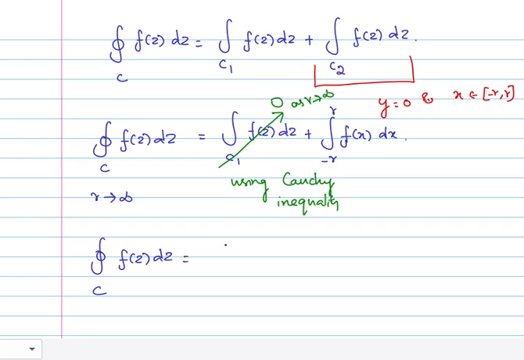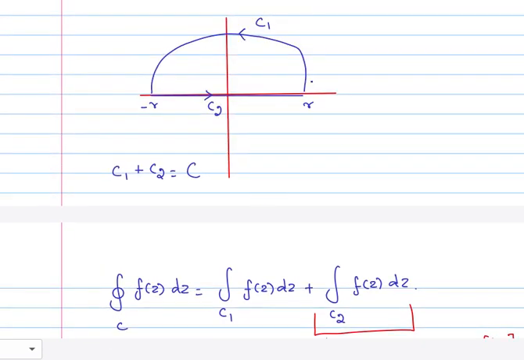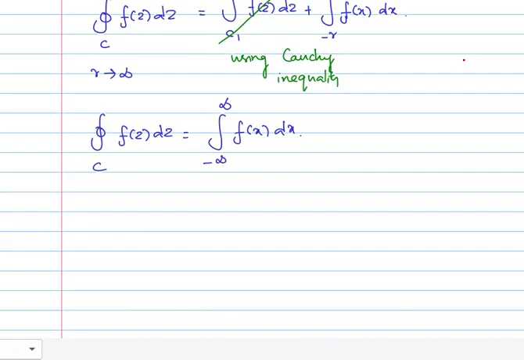Suppose r goes to infinity, then the integral over the semicircle goes to 0 using the Cauchy inequality. So as r approaches infinity, the integral over C of f of z dz equals the integral from minus infinity to plus infinity of f of x dx. Whenever r goes to infinity, this curve covers the whole upper half plane.